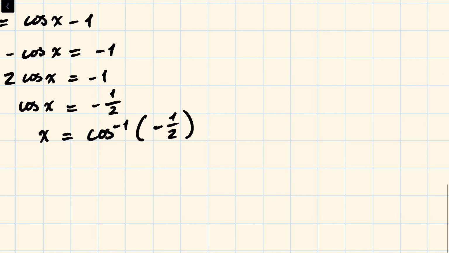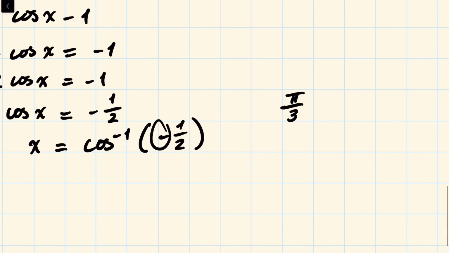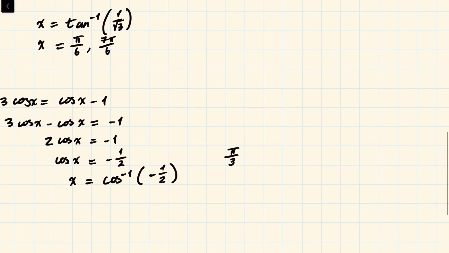So the cosine of what angle is -1 over 2? Well, we know that to be pi over 3 by that triangle method that I showed you guys earlier. Okay, but it's negative. Slight problem, right? It's negative 1 over 2.